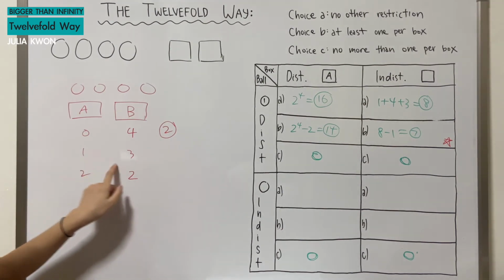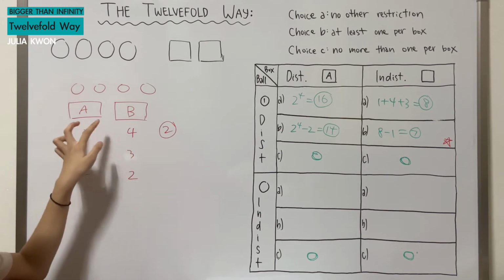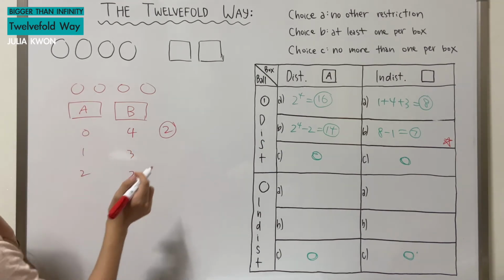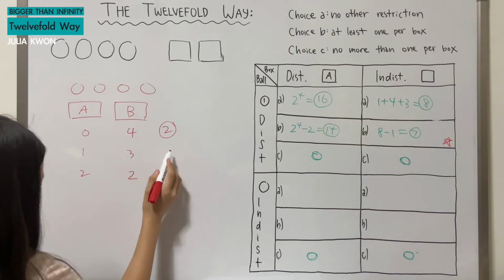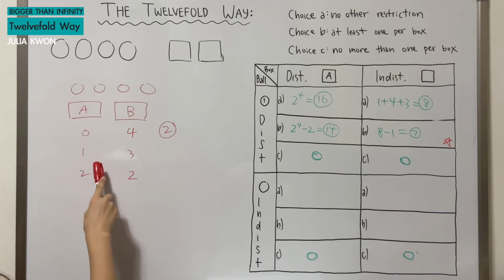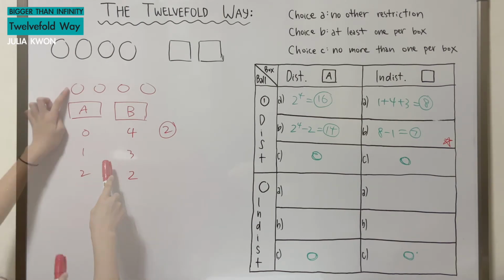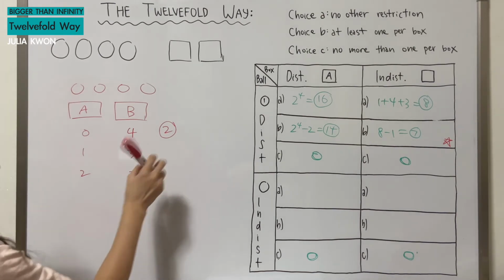And it's the same for this. It wouldn't originally be 4 because there would just be 1, since the balls are indistinguished. So this would also be 2.